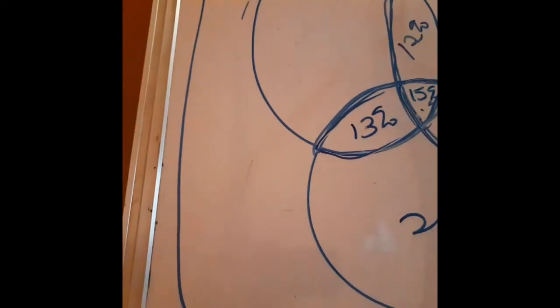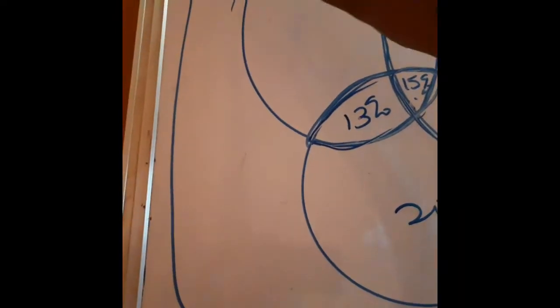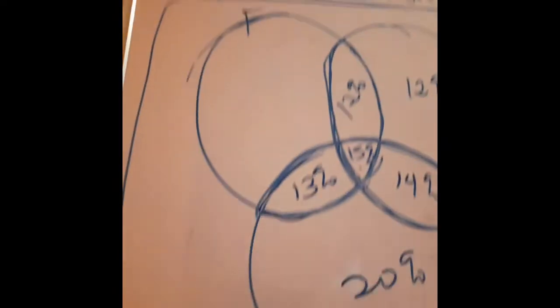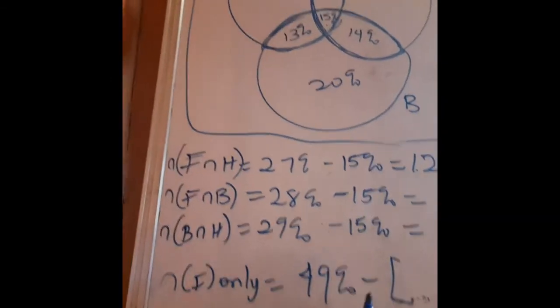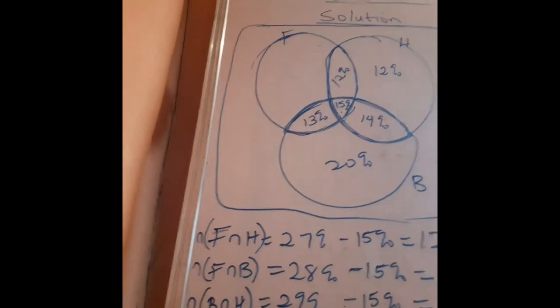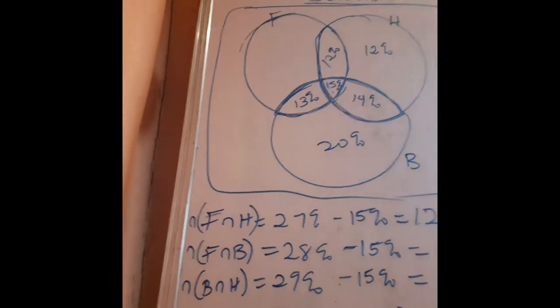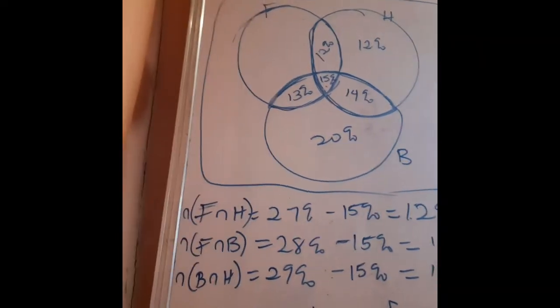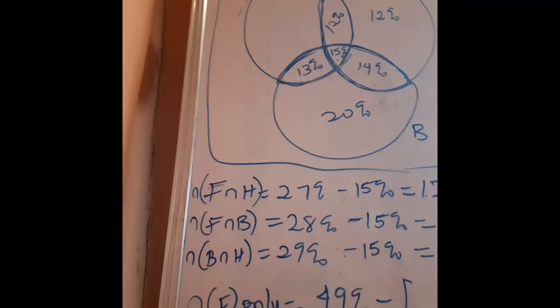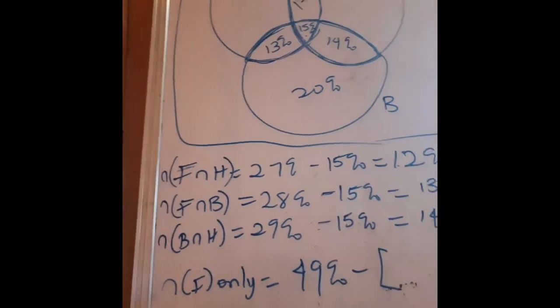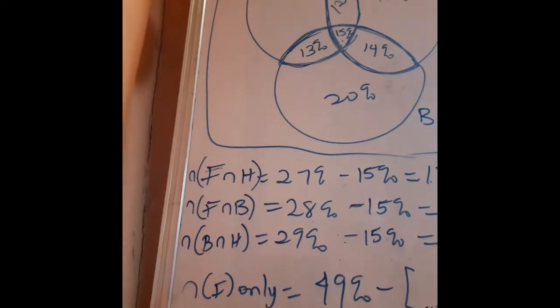All F is 49, minus all what we got here will give us F only, which is football only. So 49, which is the number of those that like football, minus the intersection of the ones that took football and hockey, those that took football, hockey and basketball, and those that took football and basketball.